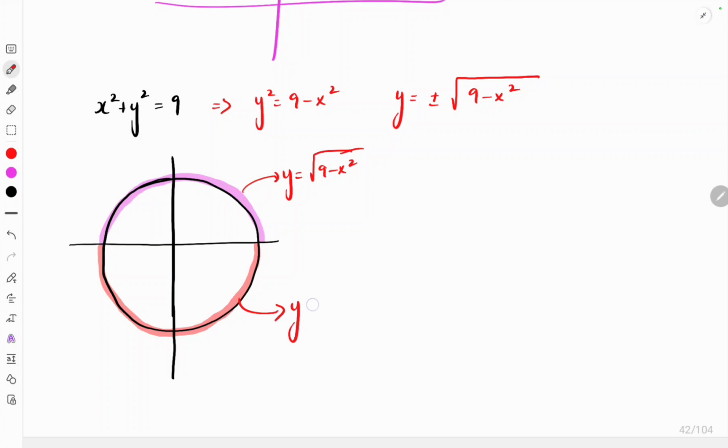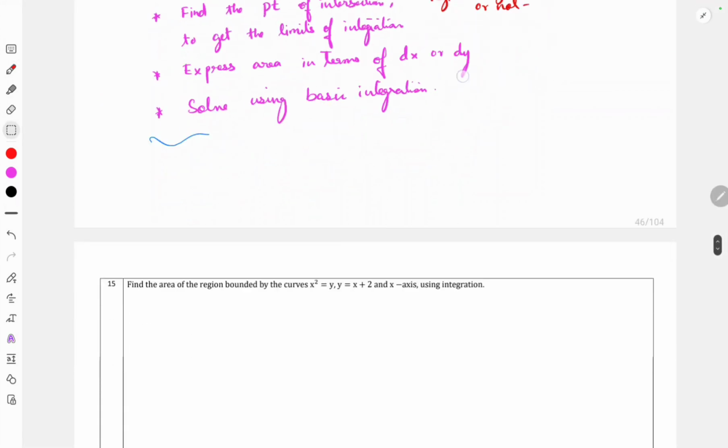So if they have given y equal to root of 9 minus x square, this semicircle above the x-axis will come. If y equal to minus root of 9 minus x square, the below part will come. So now we can start doing the questions.